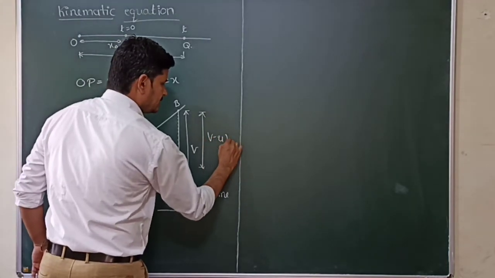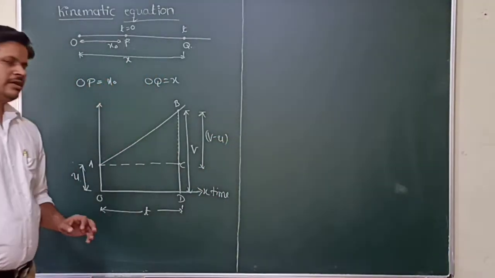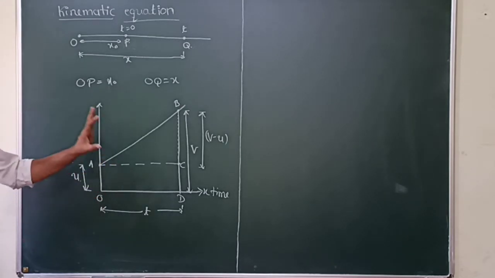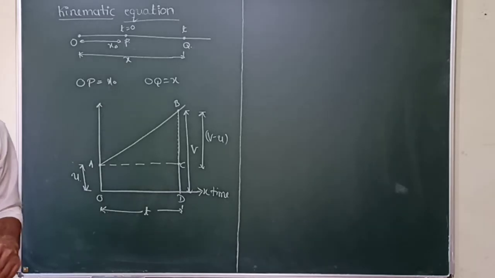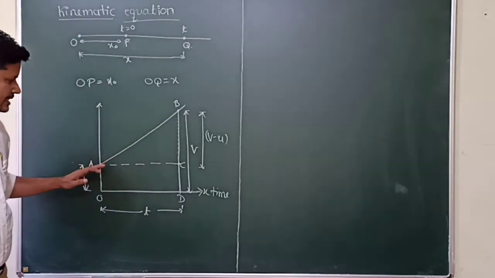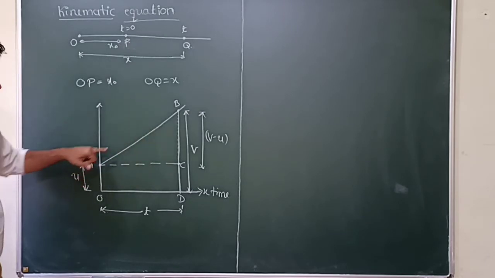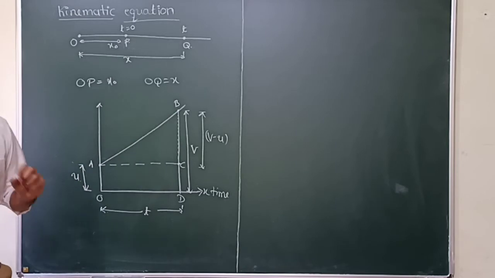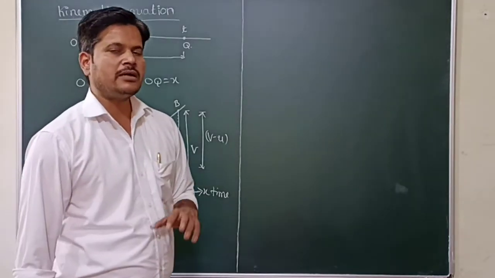V minus u. First note down all these points. Now the area under the curve AB gives the total displacement of the particle.